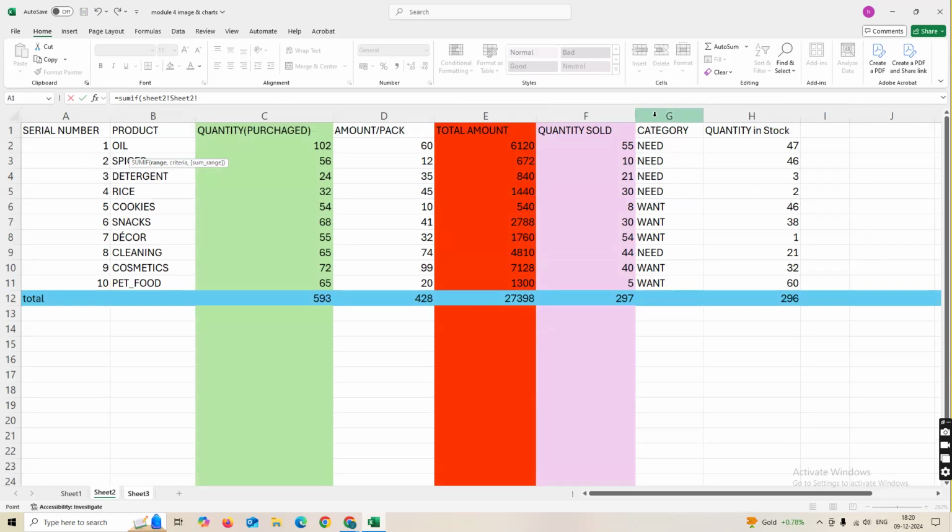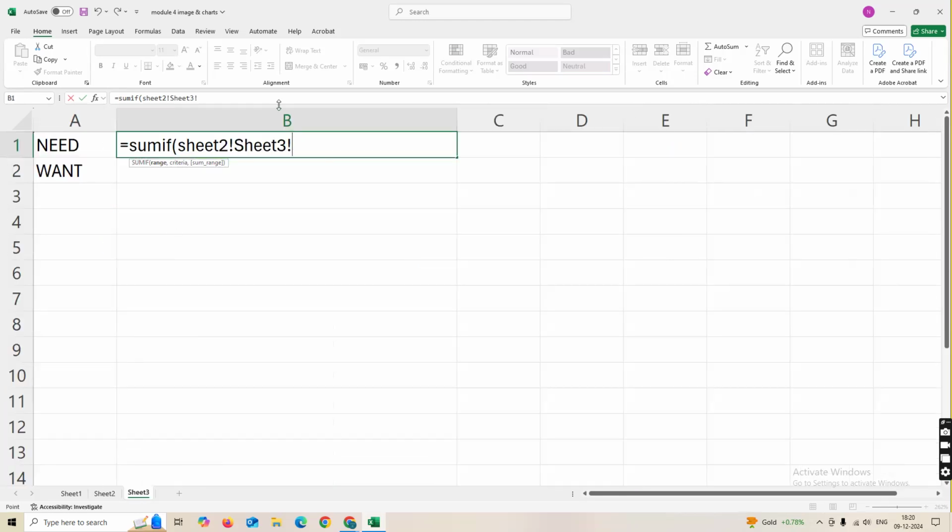So going to sheet 3, I'll mention G of G, G colon G. We read it as G of G, G colon G. It means I'm referring to column G, but in G, what are we referring to? Need things as of now. I'll separate it by comma.